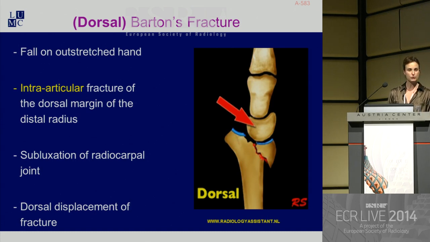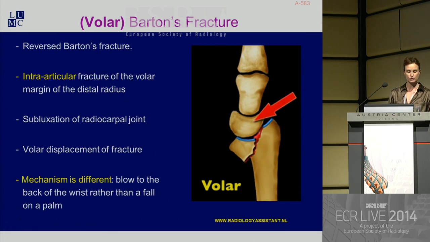In this particular case, there is a subluxation of the radiocarpal joint, causing also an intra-articular marginal fracture of the dorsum of the distal radius, and the combination of these features is what we call the dorsal Barton's fracture. In the same way, we also have a reverse Barton's fracture, which is also called the volar Barton's fracture.